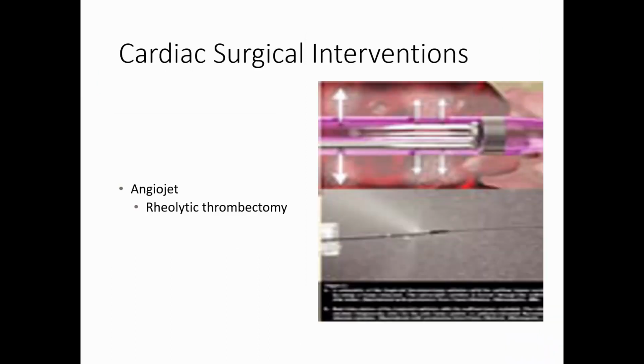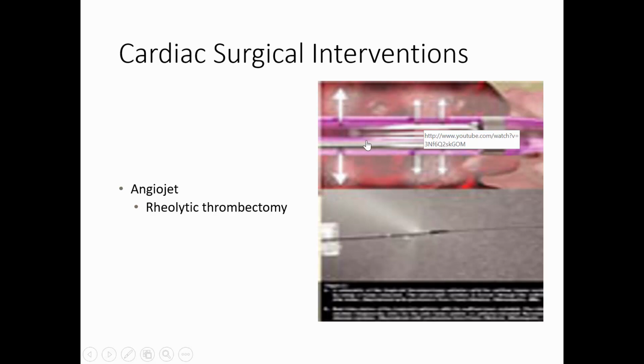We also have an AngioJet. This is pretty cool. To me it looks like a really neat pressure washer, because essentially we use it to break up blood clots that are causing either partial or full obstruction of blood flow in an artery. This little catheter, this little purple part, has all these little holes in it. After it is put into the vessel, it delivers a really high-power saline solution.